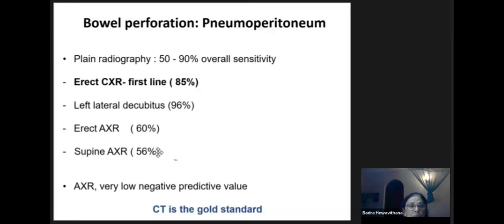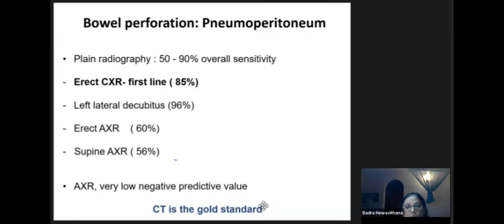They can't be doing all these things. You all know better than me, there is the clinical picture. So we do a supine abdominal X-ray and we struggle to identify the pneumoperitoneum signs. So abdominal X-ray has a very low negative predictive value. This is the problem. Negative predictive value is low.